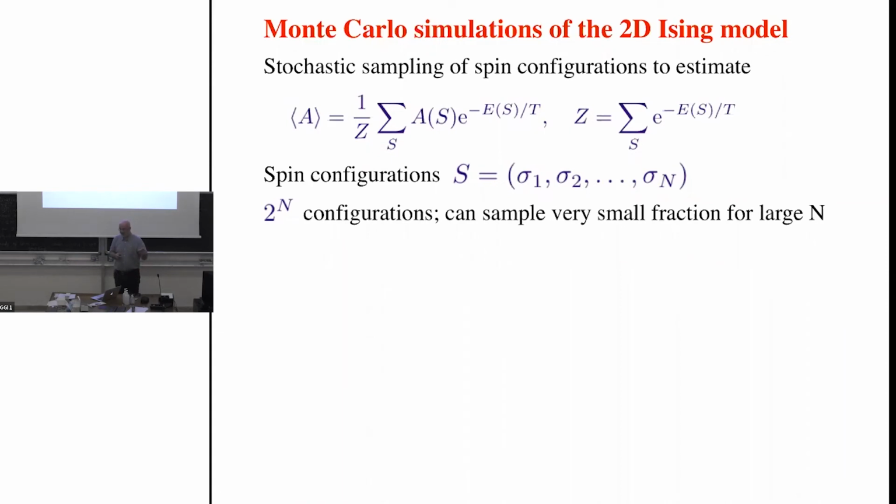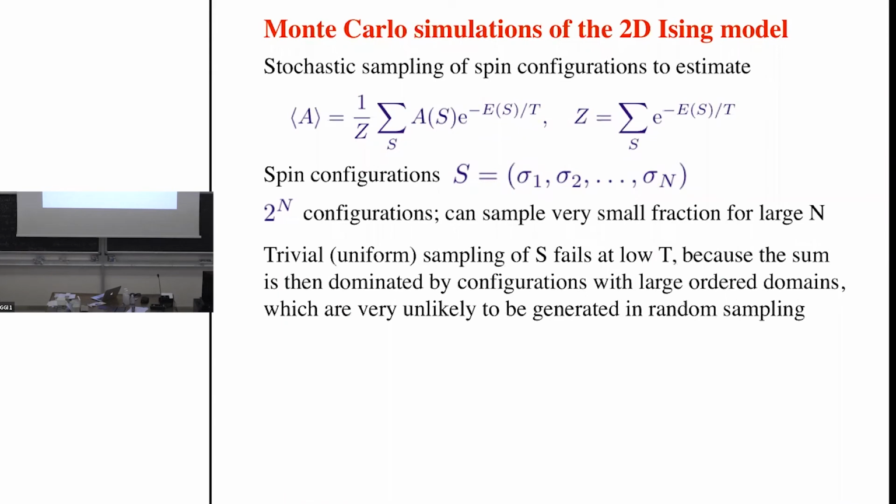That works well at high temperatures, right? In particular at infinite temperature, where all the configurations have the same weight, e to the minus E over T. When T goes to infinity, it's all the same weight. But when you go to low temperatures, there will only be a very, very small fraction of all the spin configurations that even contribute significantly to your partition function and to your expectation values.